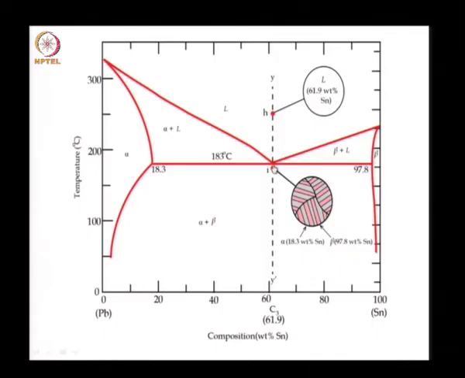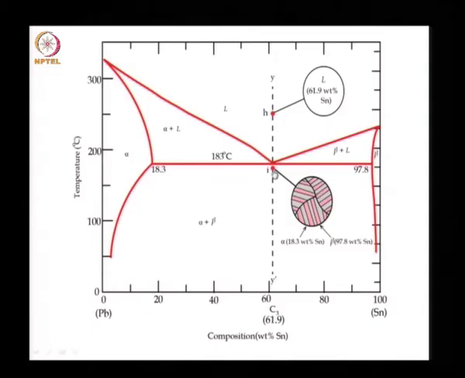So, here if we want to know what would be the composition of the alpha phase, we take this as the tie line, and we go to this point and we see that the alpha phase will have 18.3% tin. On the other side, we see that the beta phase will have 97.8% tin. So, this is tin rich beta phase, and we have a lead rich alpha phase forming as layers.